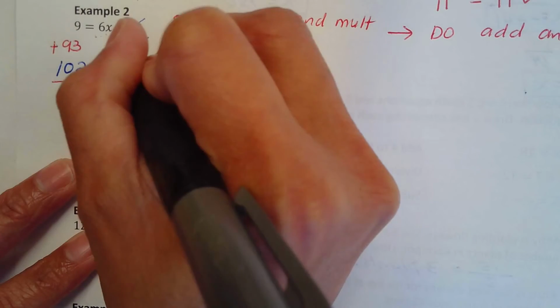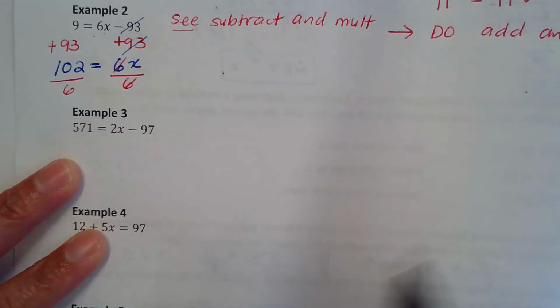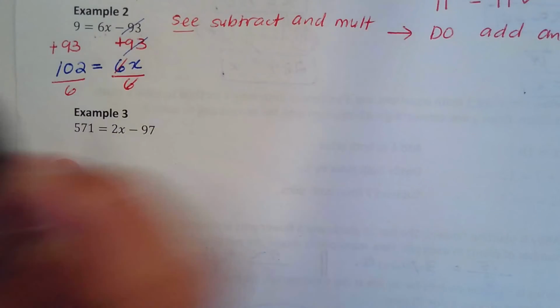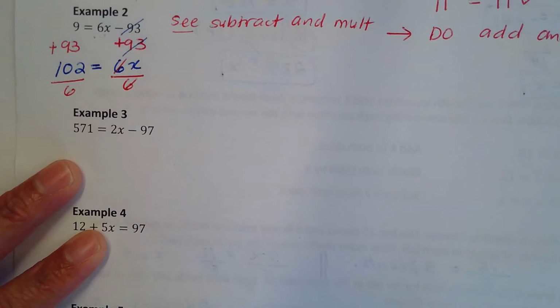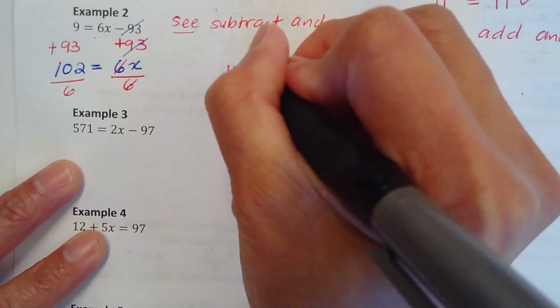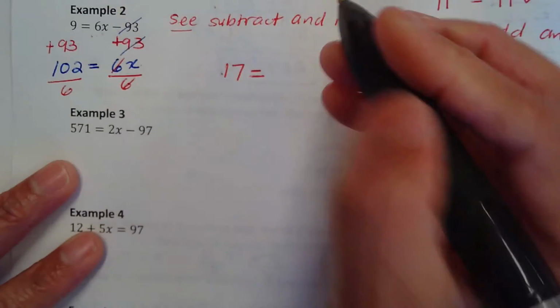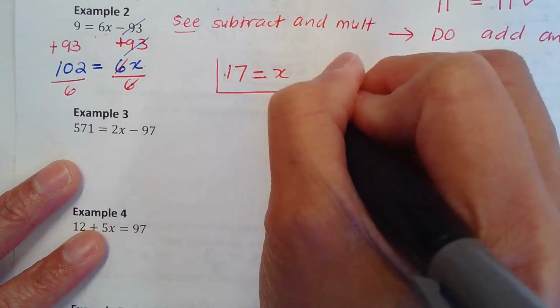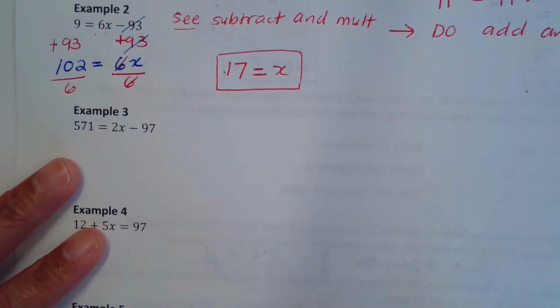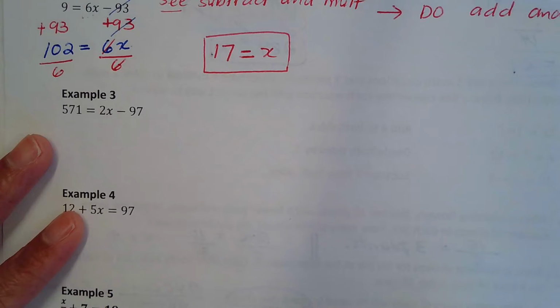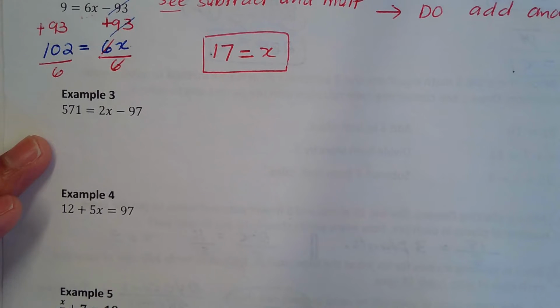Divide by 6 on both sides. So 102 divided by 6 is 17. So we're going to get 17. I'm going to put my equal sign, and then that's just x. Is that okay?